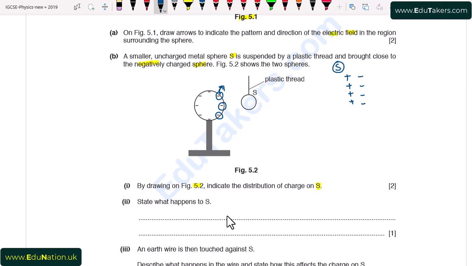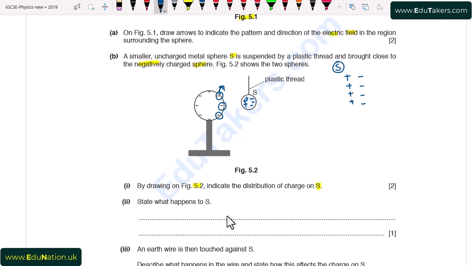If it is negative charge, there will be an equal number of positive charges on the sphere, on the left hand side. If I consider that these are the 3 negative charges, there will be an equal number of positive charges on the sphere S. As a result, the negative charges appear on the other side of this sphere.